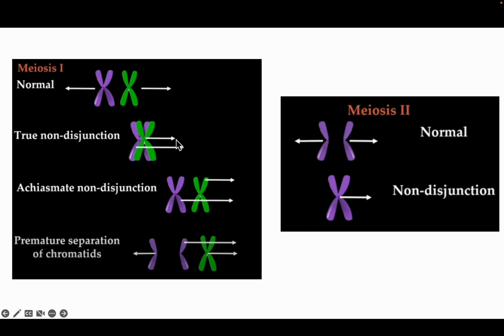Either achiasmatic non-disjunction can happen, where one sister chromatid and another chromosome go together, which is not normal, or premature separation of chromatids can occur, which is not supposed to happen in meiosis 1. In meiosis 2, the normal condition is to separate the two sister chromatids, but it can also happen that they do not separate, and then the scenario is called non-disjunction.